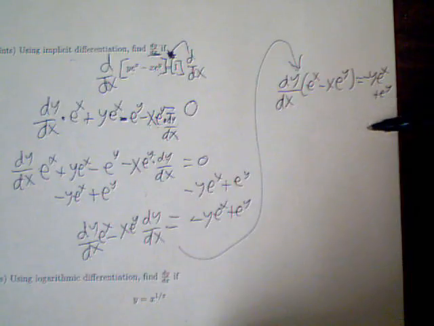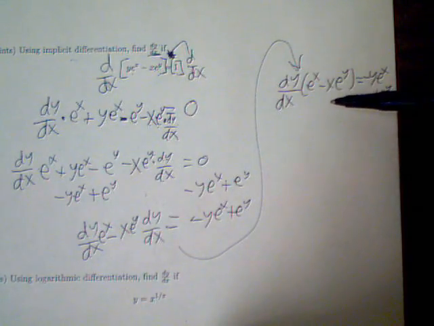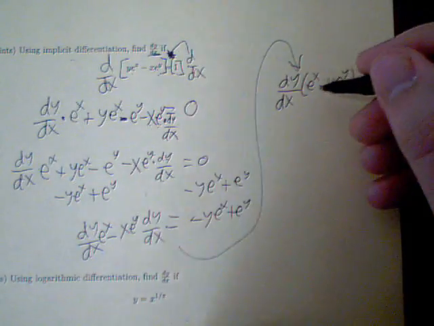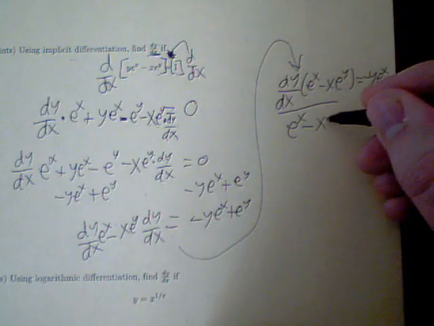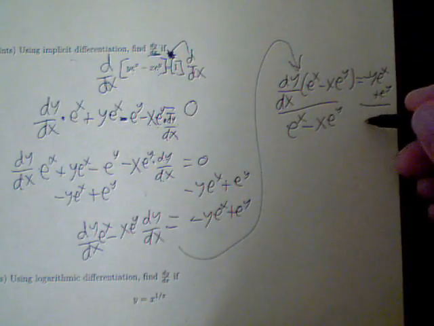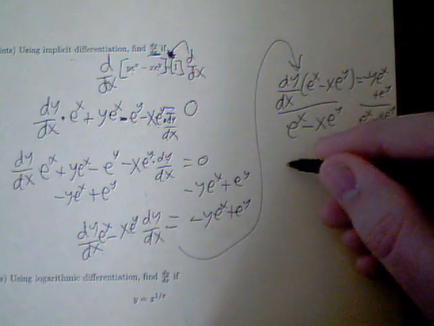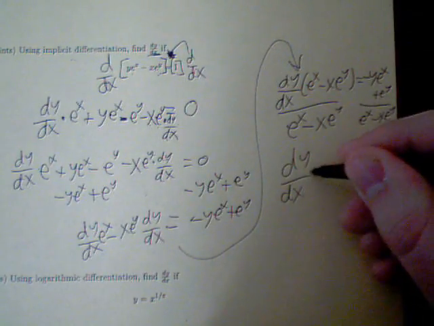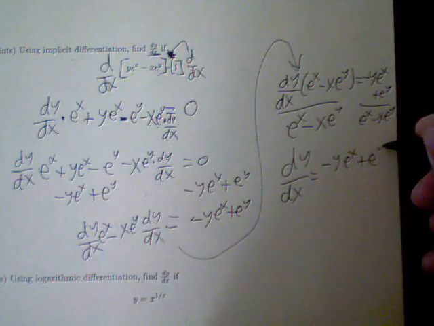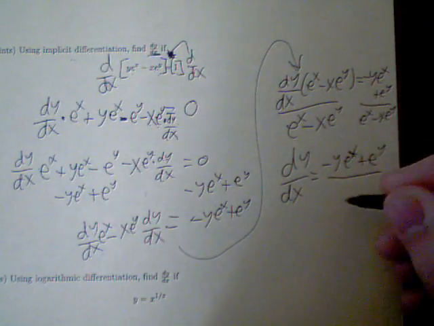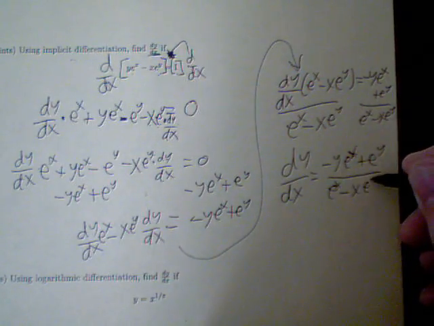The right side is still over here, and here I just factor it out, leaving e to the x minus x e to the y. To get this by itself, we divide by this term. So we end up with dy/dx equals negative y e to the x plus e to the y, over e to the x minus x e to the y.